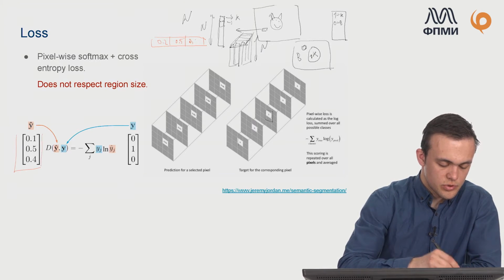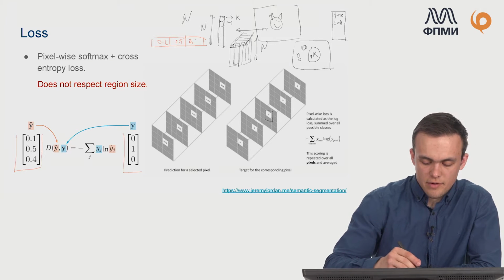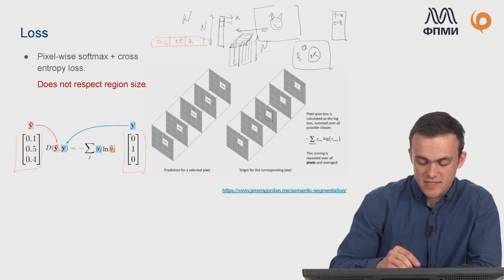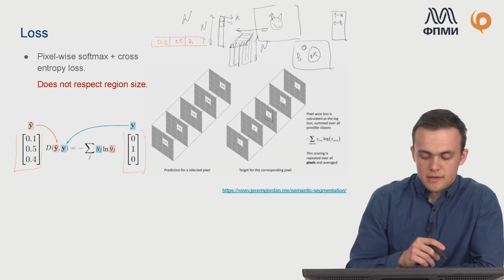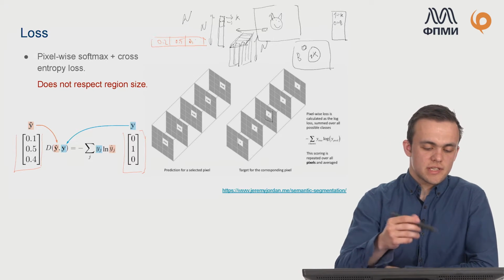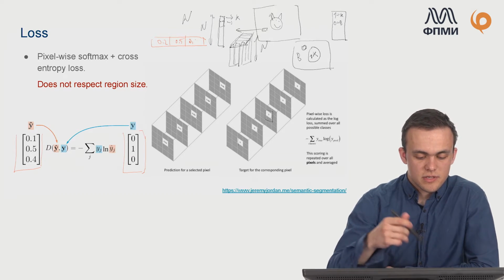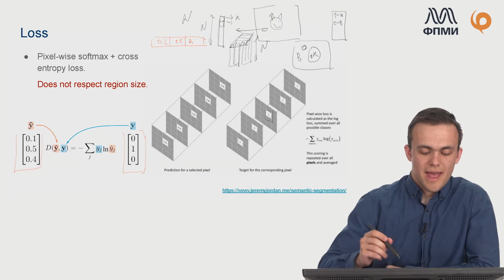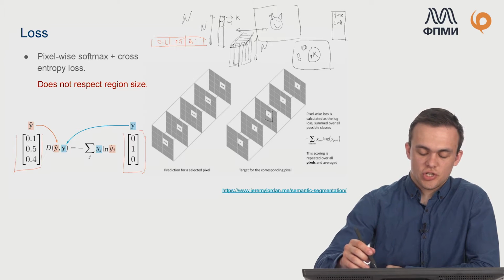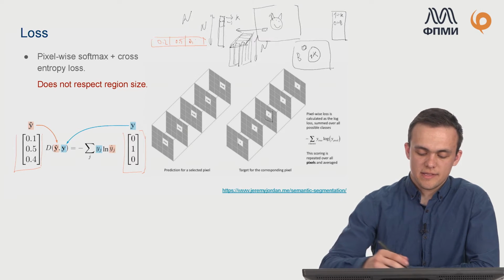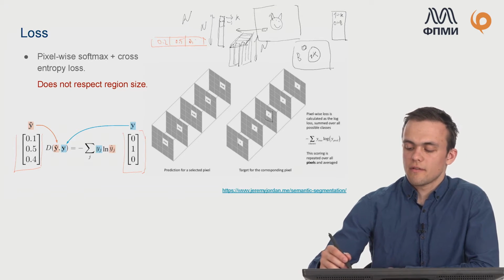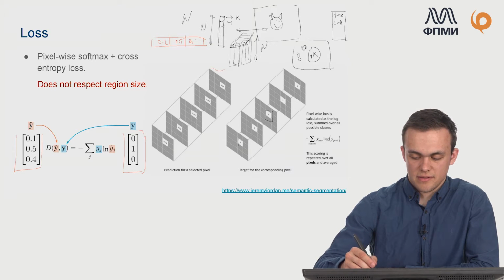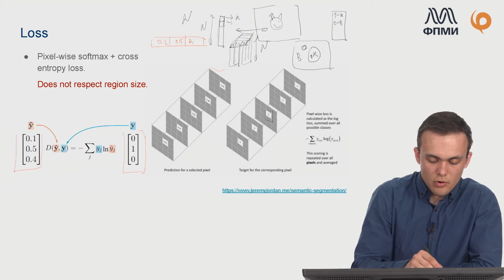Here is our output, and here is the ground truth for this particular pixel. What we do is compute the cross-entropy loss for these two vectors, and then we average this cross-entropy loss over all our pixels. So we just sum over these values.